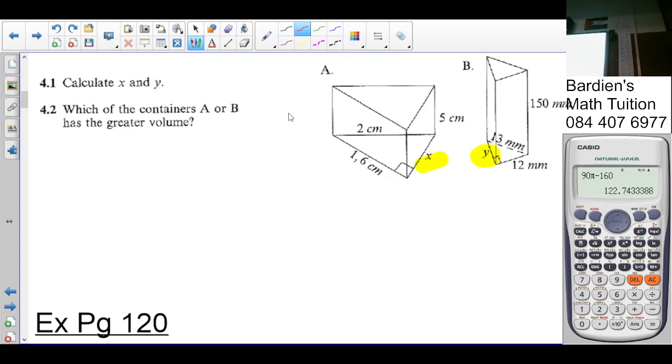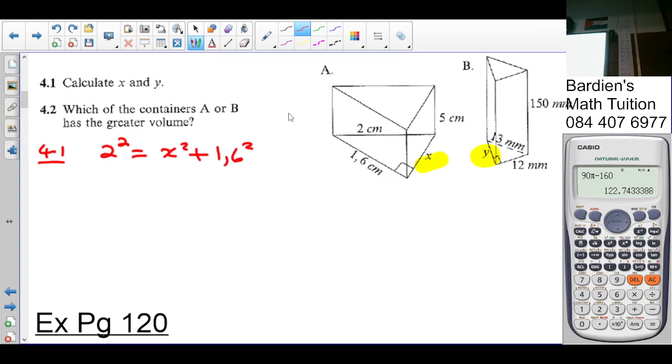Right, here we go, listen. We are told to calculate x and y. So how do you calculate x? Pythagoras. So where's your 90? Where's your hypotenuse? 2. So 2 squared is equal to x squared plus 1.6 squared.